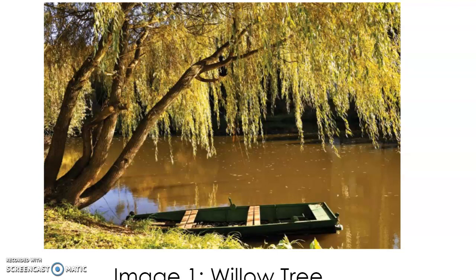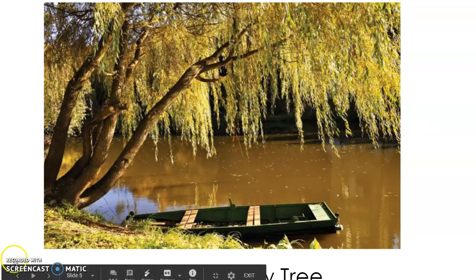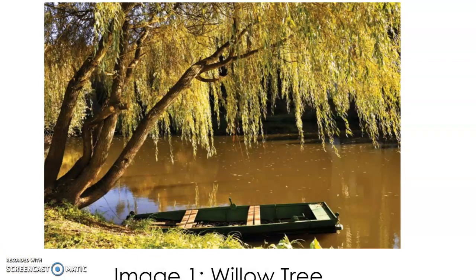Okay, so now we're getting into some of the characters and the things that are in the story. This is the willow tree. Now that we've talked about the willow tree, right, because the story is called The Wind in the Willows, we are going to talk about the characters. Now, these aren't the characters that you're typically used to, right? It's not going to be a little girl and a little boy, or a mom and a dad, or the characters that you're used to seeing.